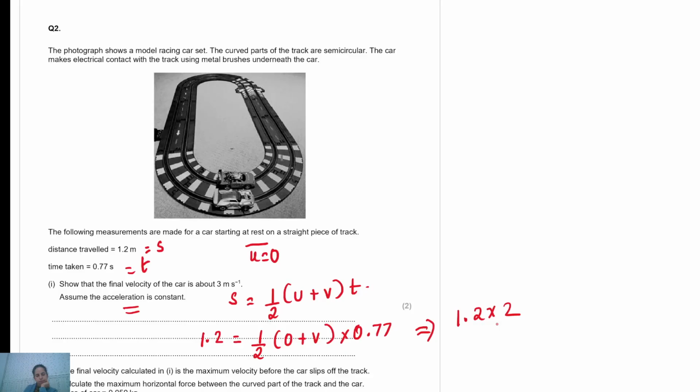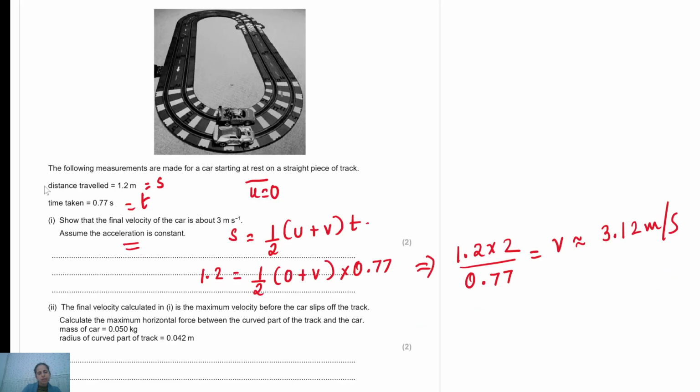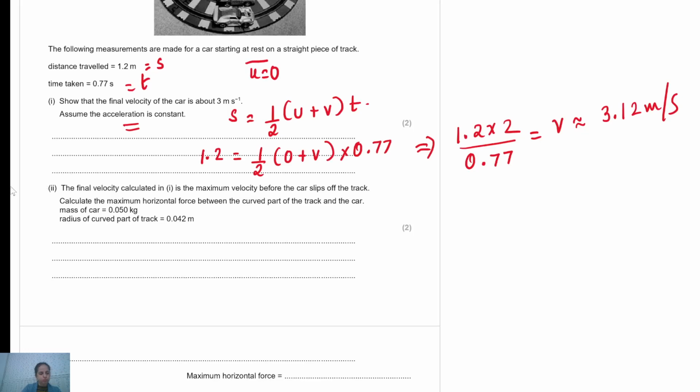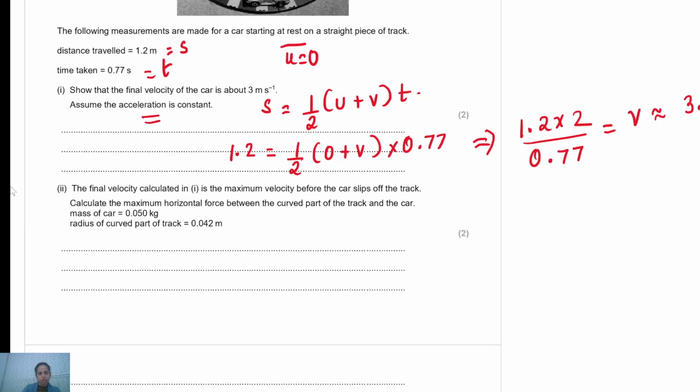This gives me 2.4 divided by 0.77. That is 3.116. Approximately, I can take it as 3.12 meters per second. I hope it makes sense. Okay, so approximately my speed is around 3 meters per second. So we have proved that too. That's not difficult.